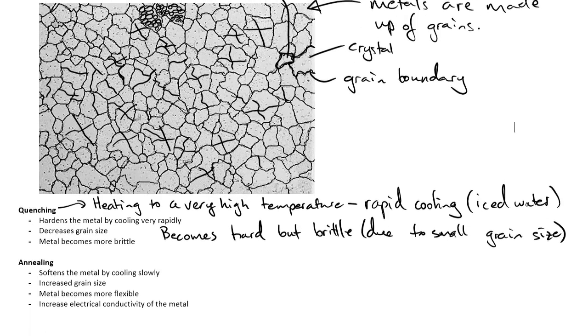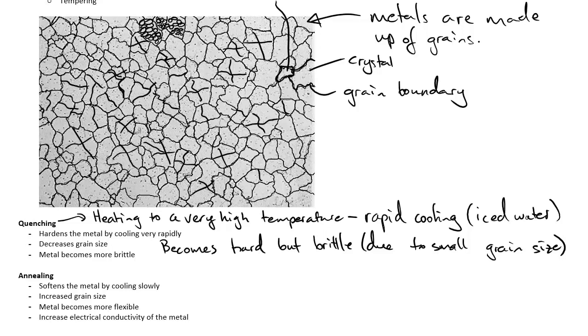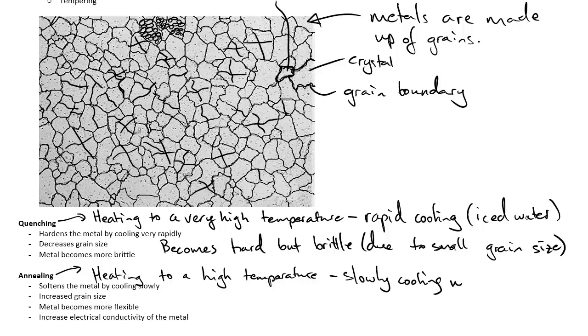Before that though, we're going to have a look at this process of annealing. Now, annealing is another method in which we apply heat to a metal. So it's also heating to a high temperature, but unlike quenching, you're not rapidly cooling the metal. You're actually slowly cooling it.